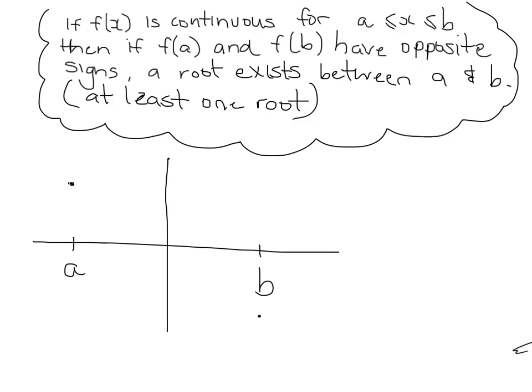Otherwise, the only way I can get from a to b is to pass through the axis. And there's the root there, at least one. It's not meant to be a straight line. So that's the theory. So copy that down, and then the next lesson will be halving the interval.